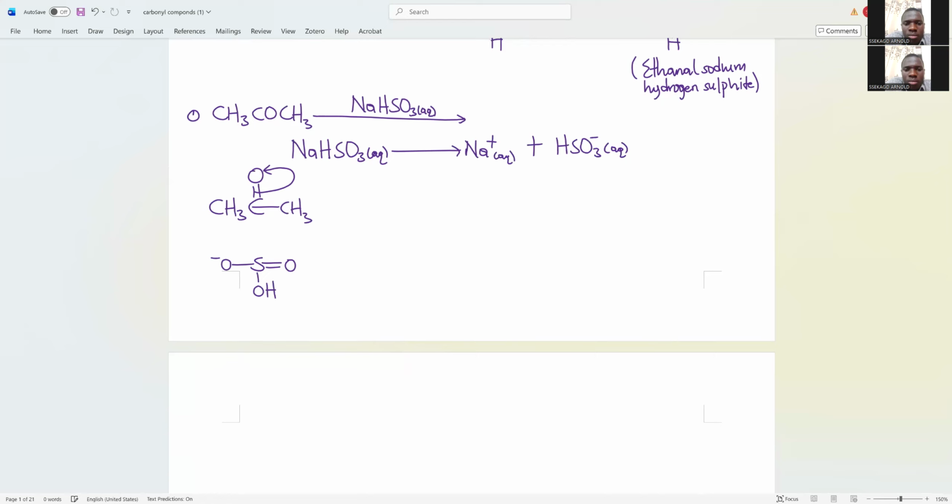There are lone pairs of electrons on sulfur that are donated to carbon. Now, once sulfur donates, it also becomes electron deficient. Here we have excess electrons that are donated to sulfur. So what do we form? We form CH3, C, this is a single bond, O has a negative.